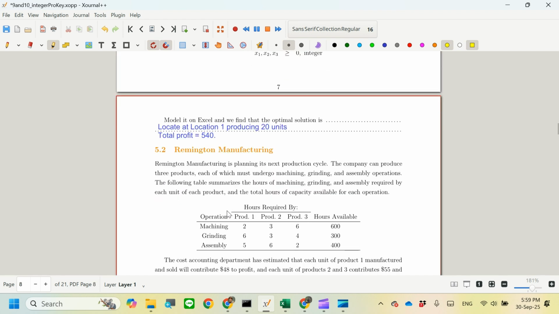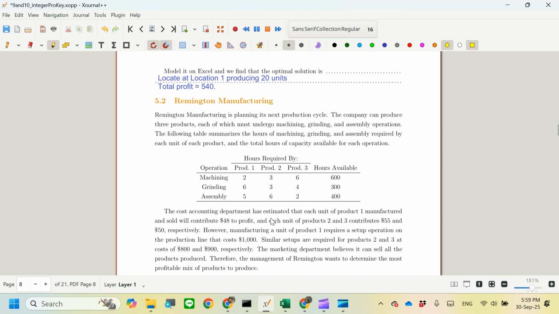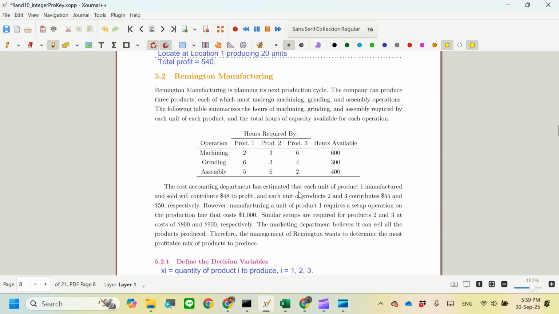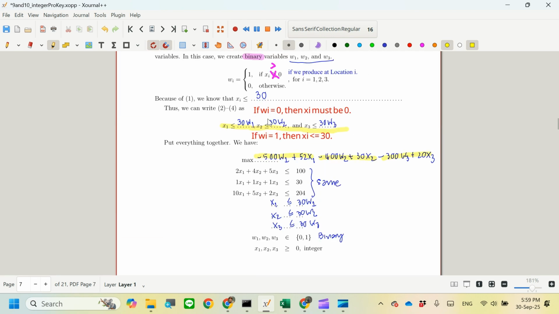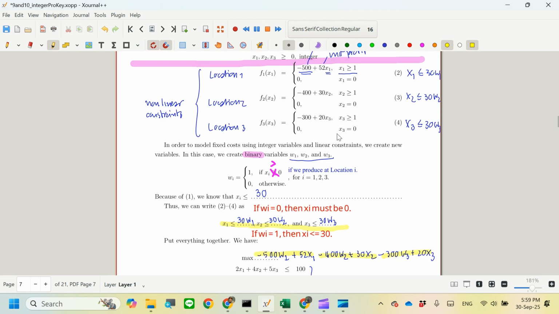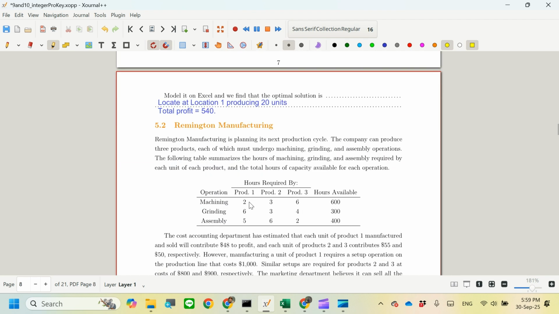And then just to make it more concrete, this is the example that we can apply the transformation above. Again, we have 3 products, and we have limiting resources on hours of machining, grinding, and assembly.